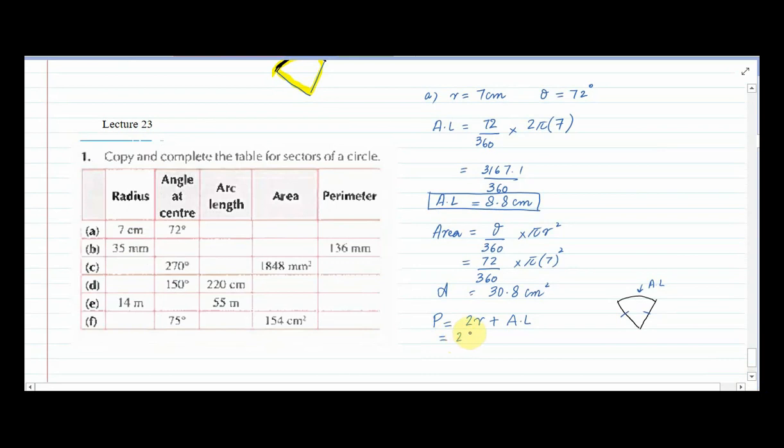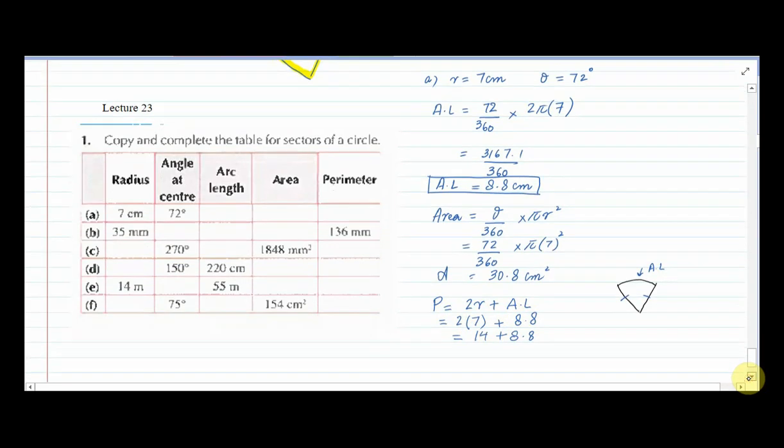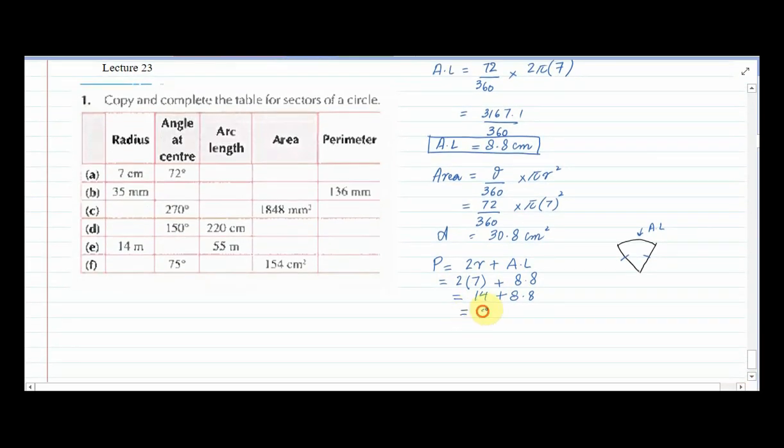Substitute values, so 2 times r is 7 plus arc length is 8.8. It will be 14 plus 8.8. When you add them together, it's 22.8 centimeter, the perimeter of part A, right?